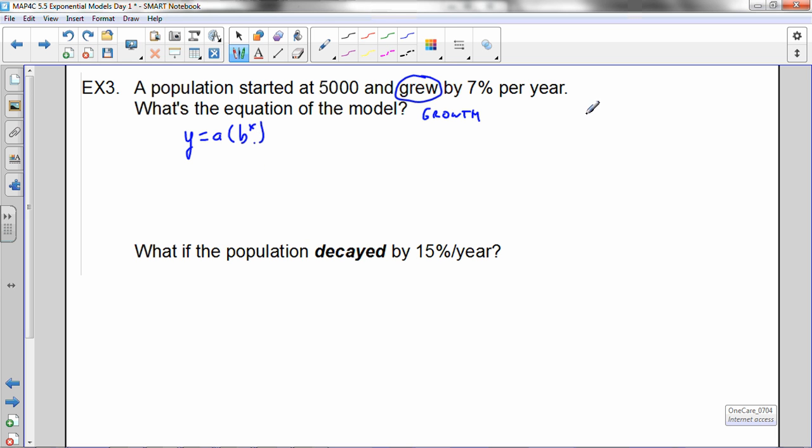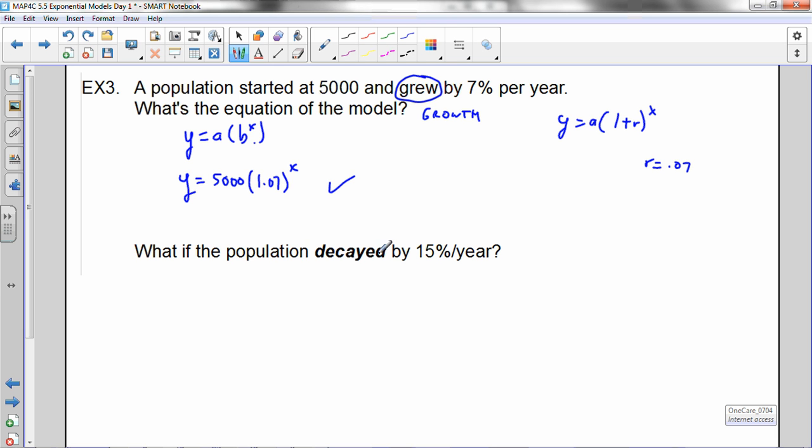Because it's growth. But if I think of it in this form, the R is the growth rate, right? R is 7%. So the model then is 5,000 is the amount that we start with, and then the growth rate 1 plus 1.07 to the exponent x. It's going up by 7% a year.